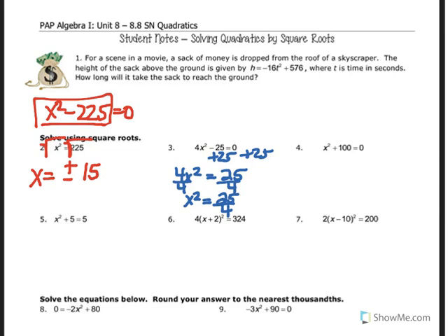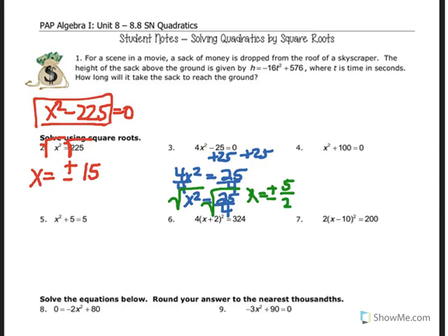So we still want to solve for x, so we're going to take the square root of both sides, and so our final answer is x is equal to plus or minus 5 over 2, the fraction, or 2.5, because the square root of 25 is 5 and the square root of 4 is 2.